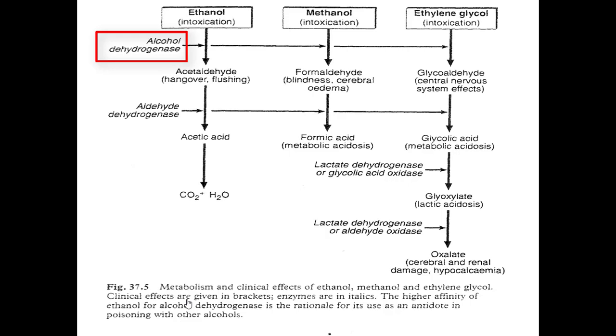So if we give ethanol, we are preventing the formation of glycoaldehyde and all the other metabolites that come after that one. And so the idea of the treatment is blocking that initial biochemical reaction and basically giving the body time to eliminate the ethylene glycol intact through the urine.